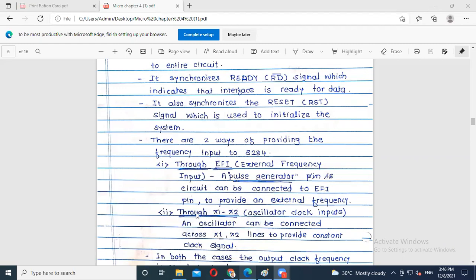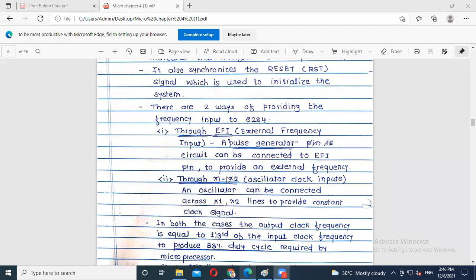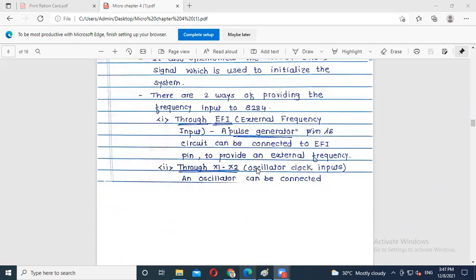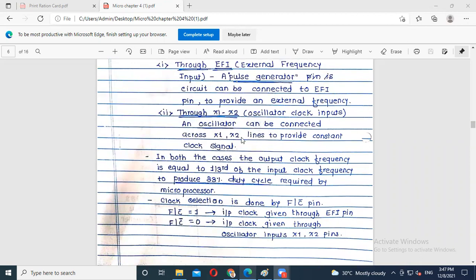The second way is the oscillator clock input, which can be connected across the X1 and X2 pins. These two pins, X1 and X2, can be connected to provide a constant clock signal.